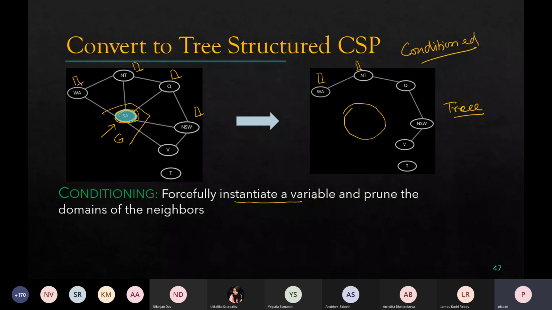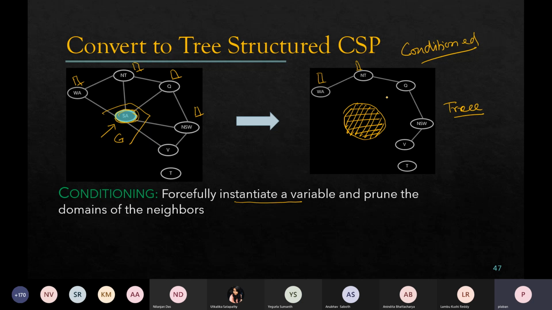So what is the criteria to do that? The criteria is that whatever set of nodes we select to condition the network, if we remove this set of nodes, then the remaining portion, or the residual graph, will become a tree.